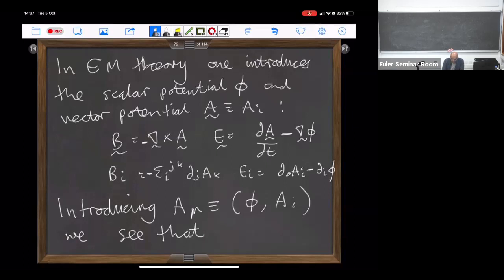And it's natural to combine these into a Lorentz 4-vector field, A mu.